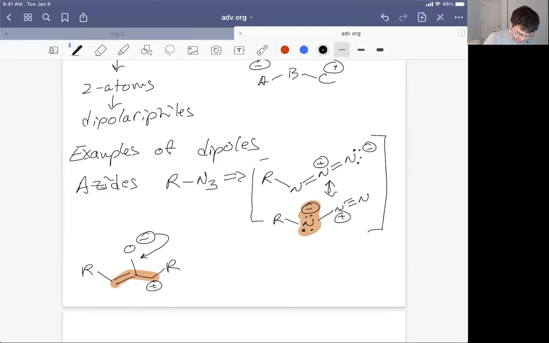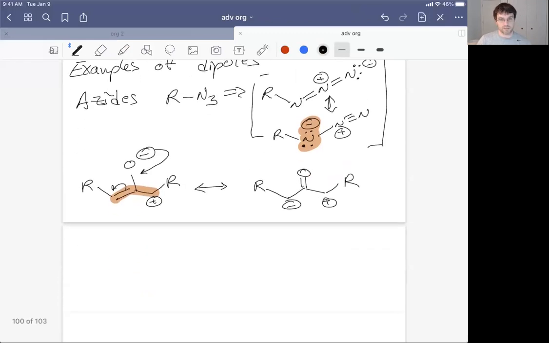We move the negative charge down and over. And then now we have a plus minus. So here are some permanent dipole systems, some permanent plus minus systems. And we can just let these react with dipolarophiles or dienophiles, as I often think of them, because it's typically the same reagents that we use in Diels-Alder reactions.